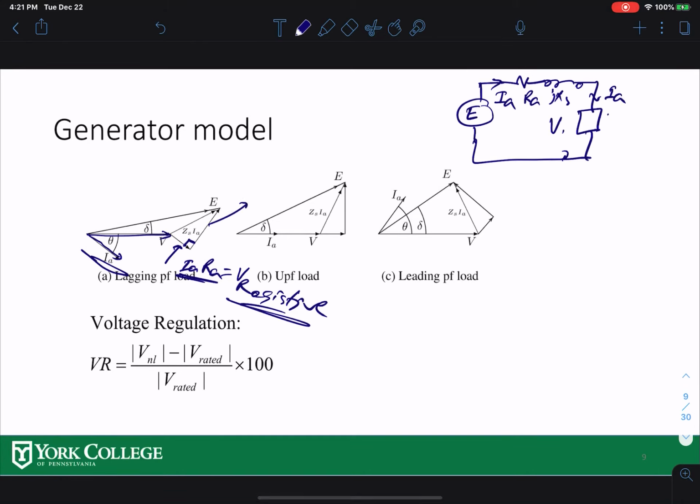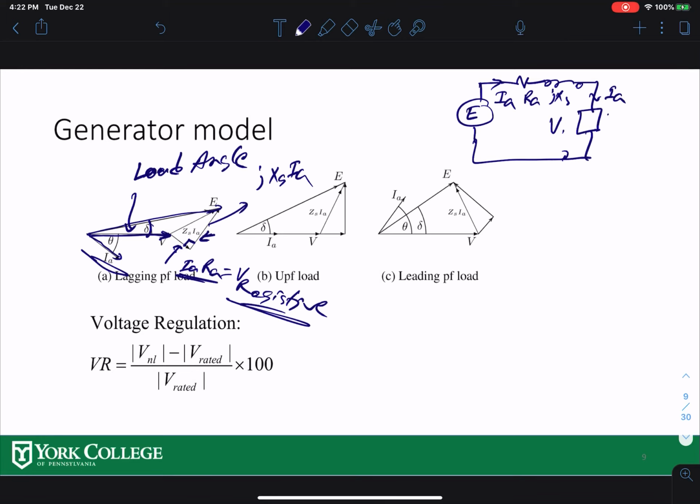So this is your jXS IA. If we add all three, terminal voltage, drop in the resistance, and drop in the inductance, you get your excitation voltage. That excitation voltage is leading the terminal voltage by an angle delta. This is called the load angle. We're going to talk about that in a second. That is for lagging power factor.